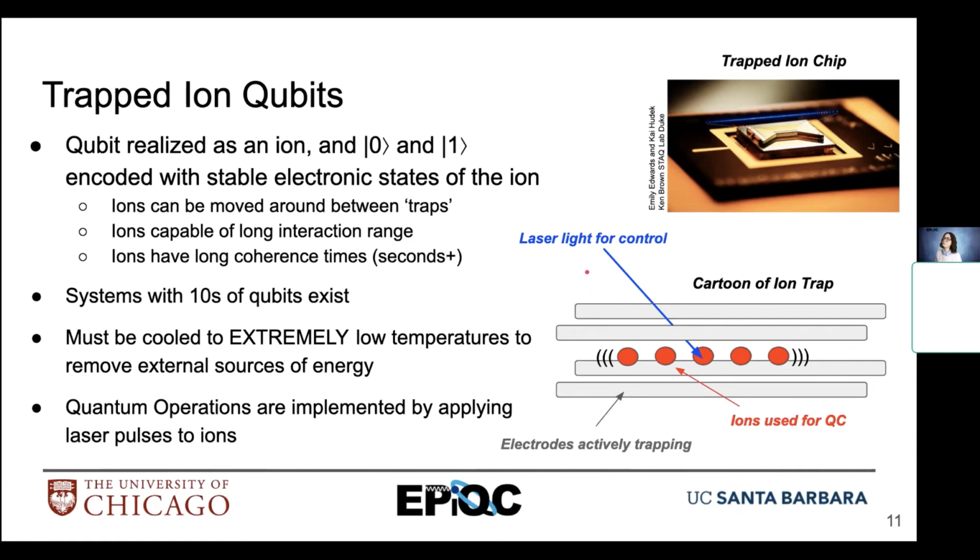Once again, ions have the ability to have long interaction ranges between qubits within the trap. And we can also move qubits around between traps and shuttle them around so that we have even more connectivity between ions in a trapped ion system.